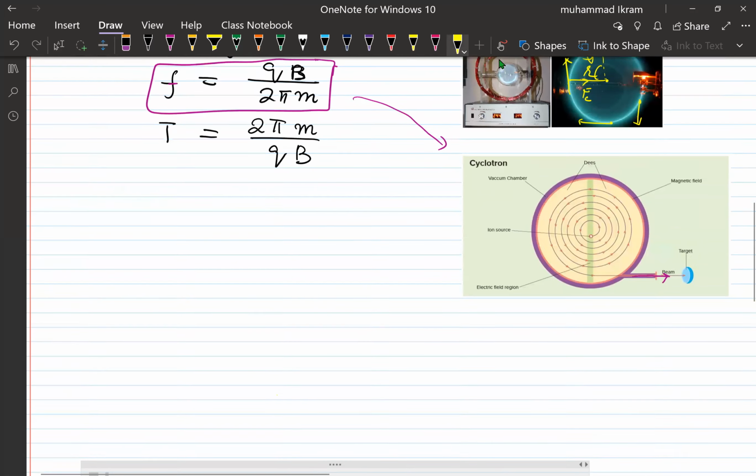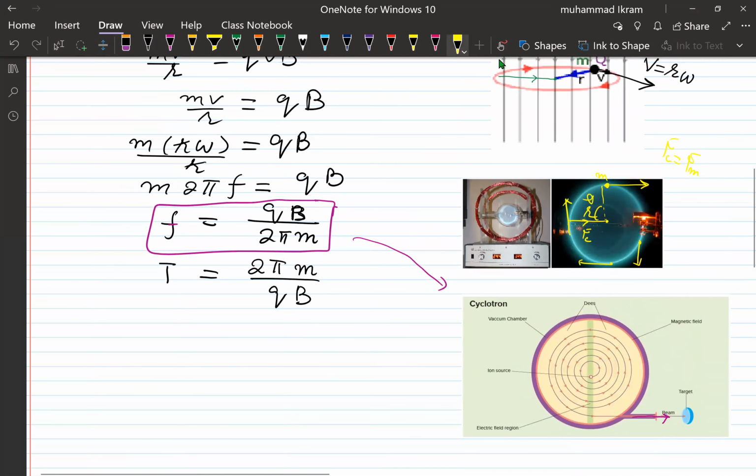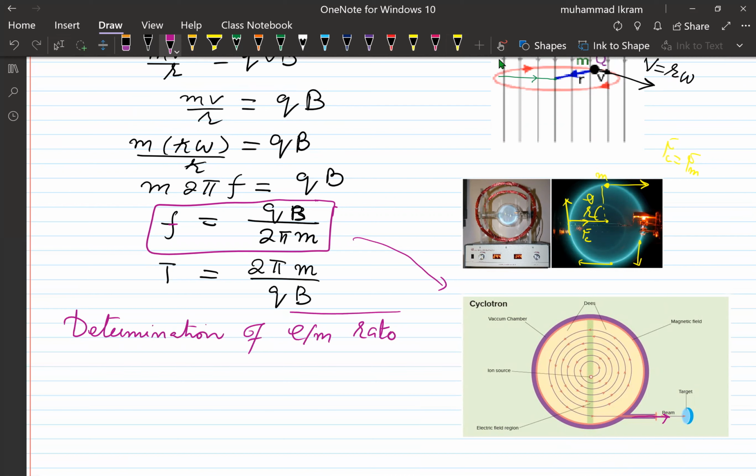Okay. Now our next topic is the E by M ratio, the charge to mass ratio, determination of the E by M ratio, right?